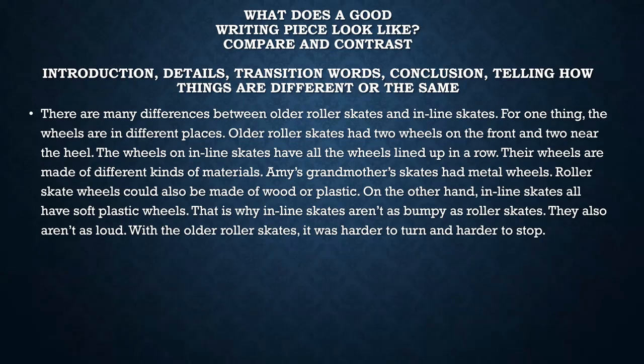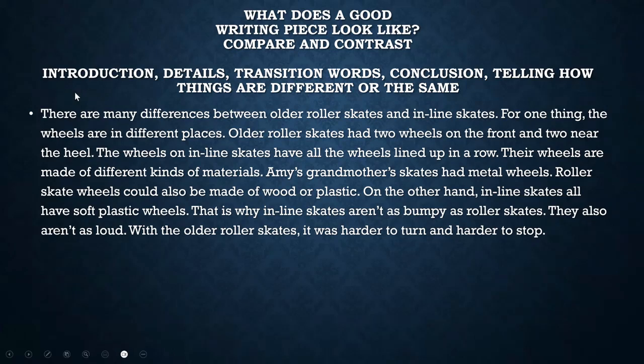All right, so what does good informational writing look like? On the GMAS, you're going to have to do some kind of compare and contrast. Sometimes you'll read two nonfiction texts, and sometimes you'll read two stories. One may be fiction, one may be nonfiction.